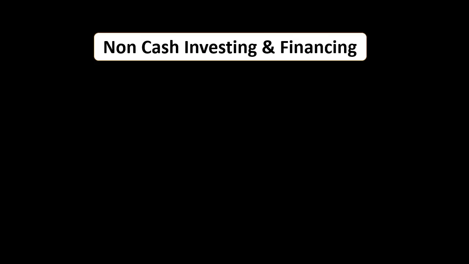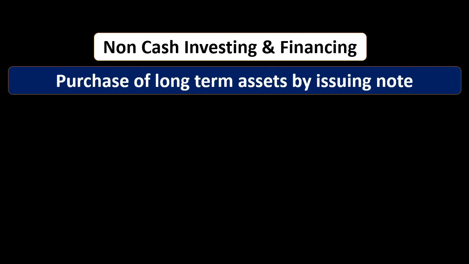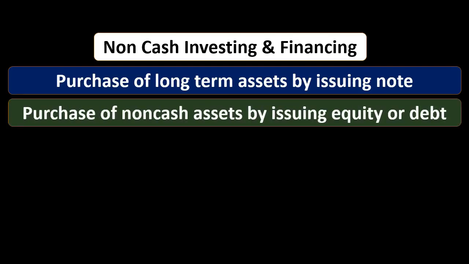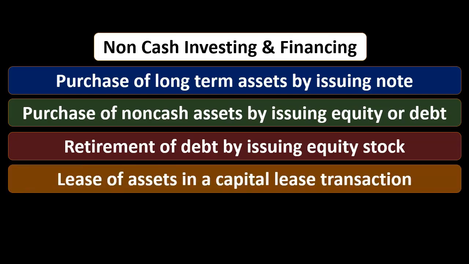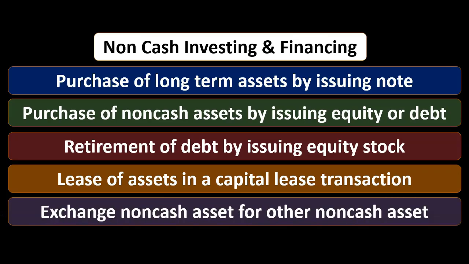So some examples of non-cash items would be the purchase of long-term assets by issuing a note, the purchase of non-cash assets by issuing equity or debt, the retirement of debt by issuing equity stock, lease of assets in a capital lease transaction, and exchange of a non-cash asset for another non-cash asset.